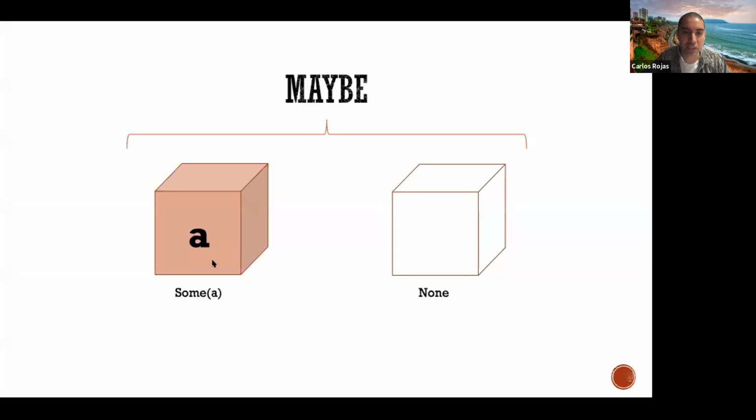This will be more consistent in the sense that it will always return you a box. So if it can find the customer, it will return you that customer with that email in a box, saying there is some customer. And if it doesn't find it, instead of returning just something different, like a nil, it is going to return you the same type of box, but empty.